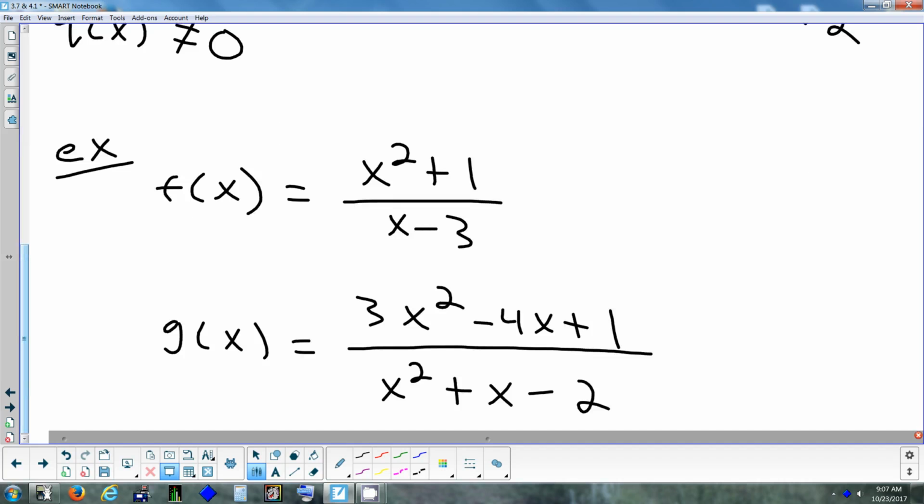When we look at rational functions, something that's going to tell us a little bit about them is if you look at the exponent in the top, the biggest one, and you look at the biggest one in the bottom. We're going to kind of break it into cases based on that. Is the exponent in the top bigger? Is the exponent in the bottom bigger? Or are they the same?